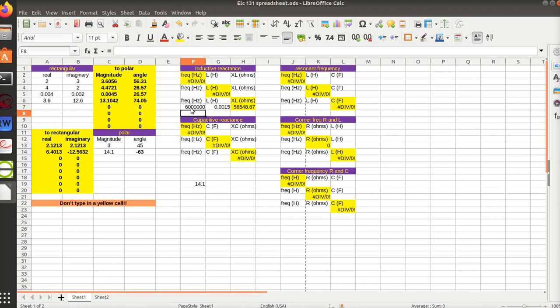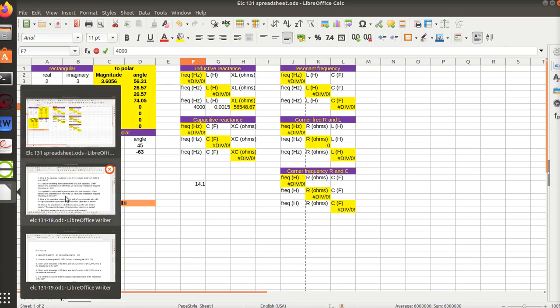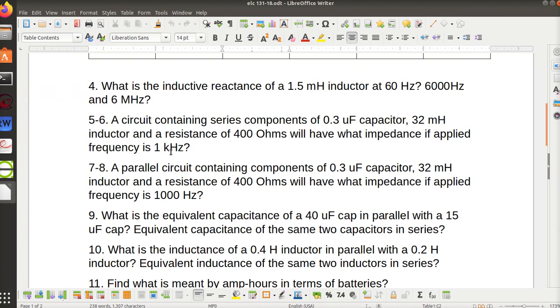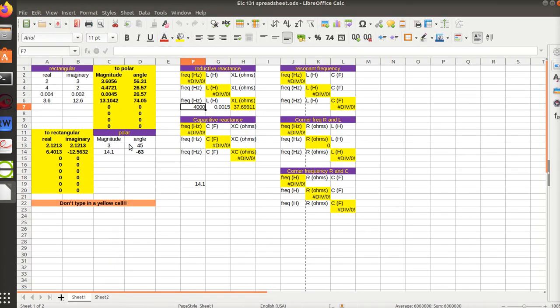So my inductive reactance is 4,000. Was it 4,000 kilohertz? It's terrible when it's 1 kilohertz, 4,000 ohms. Okay. So it's 1,000.